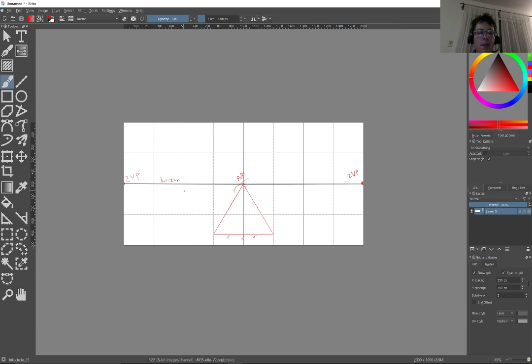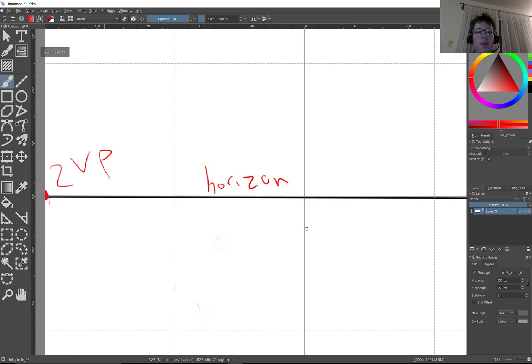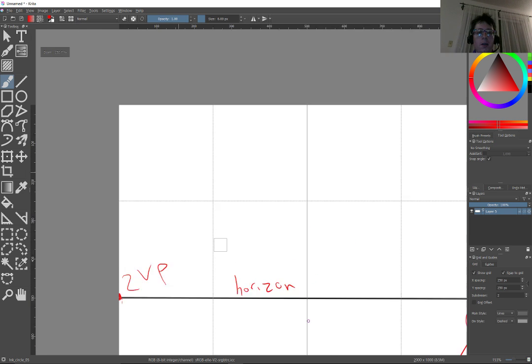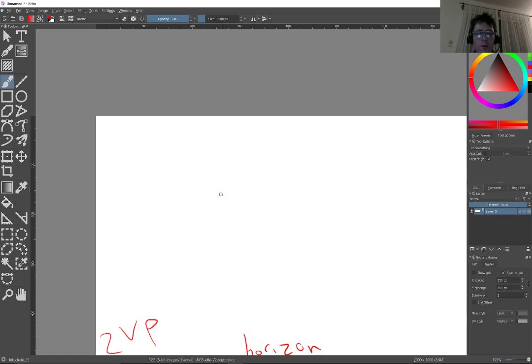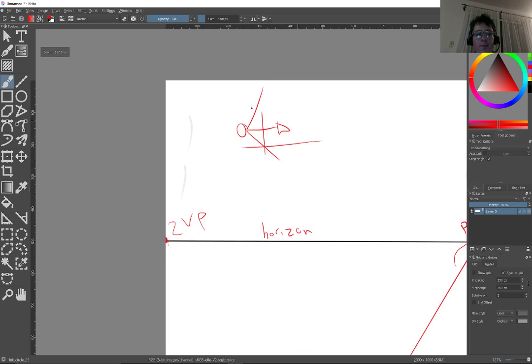So when we have these secondary vanishing points, remember that our viewer is up here, looking out. This is a parallel line. Anything going this way is a perpendicular line. And our secondary vanishing points are going to represent what's going off at a 45-degree angle from that.